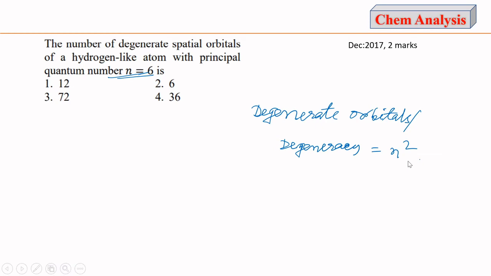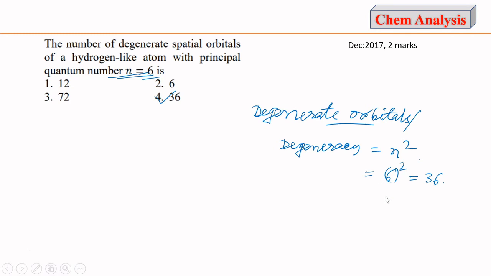If the value of the energy state, that is the principal quantum number, is given, then we can easily put the value of n and we can get the degeneracy or degenerate orbitals. Here the value of n is given as 6, so the degeneracy or degenerate orbitals will be 36. So option number 4 is the correct answer.